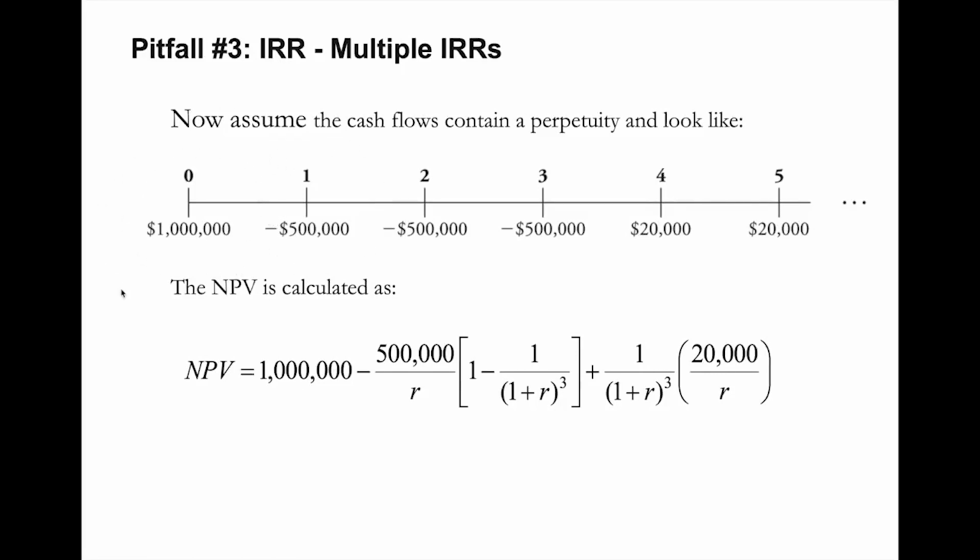So the cash flows begin positive, and then they change to negative. That's one change, and then they change back to positive. So it's gone from positive to negative back to positive, and we can see that in this equation here: the negative sign, the cash outflows, and then back to the positive sign, the cash inflows.